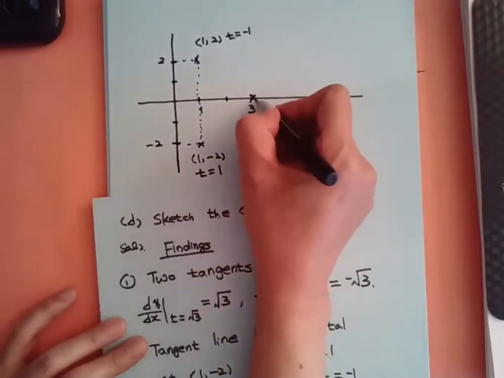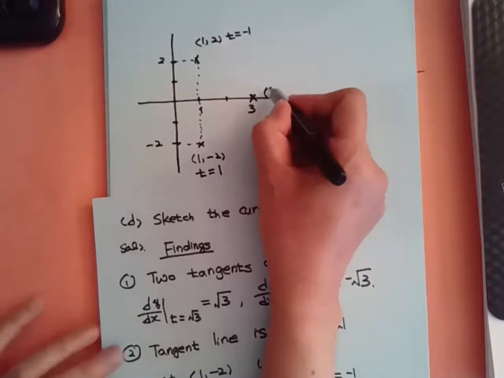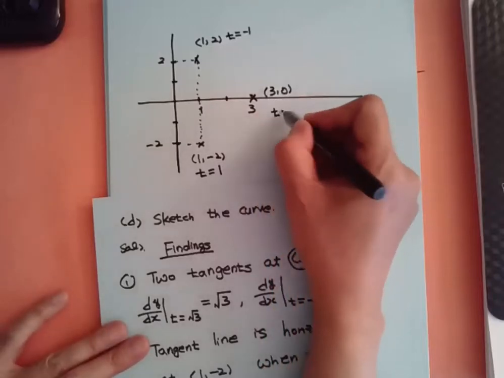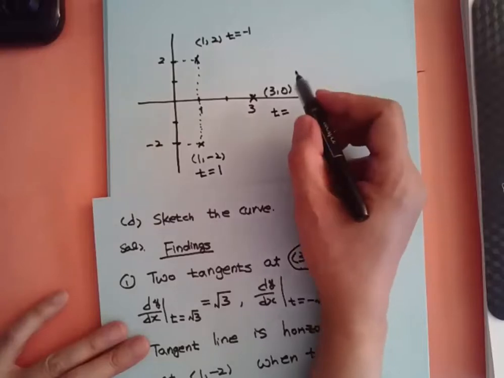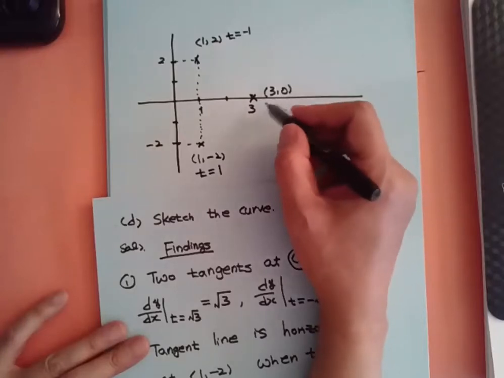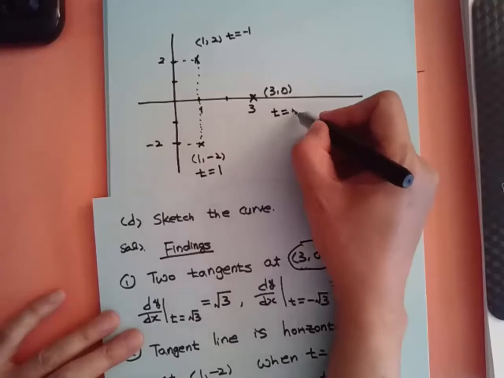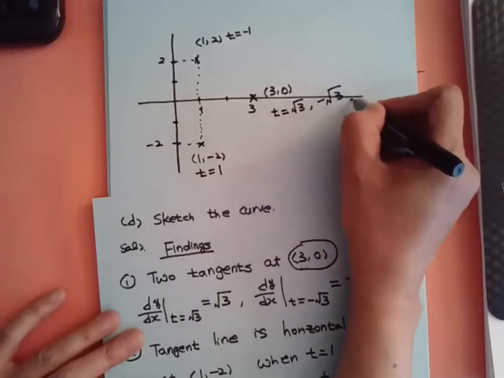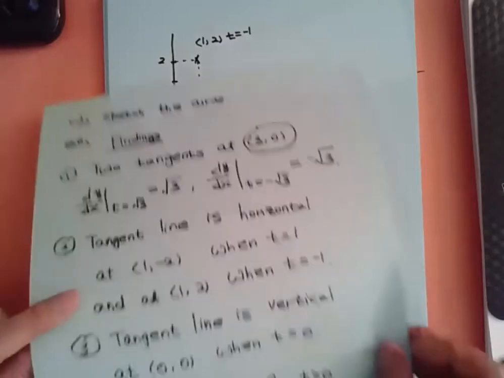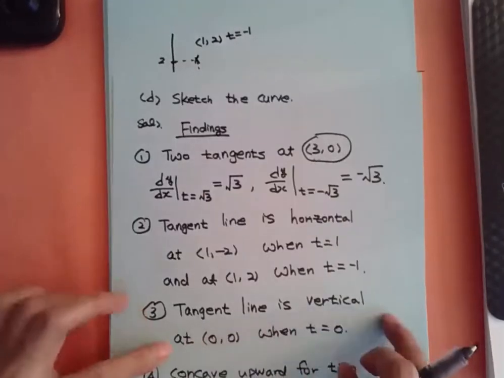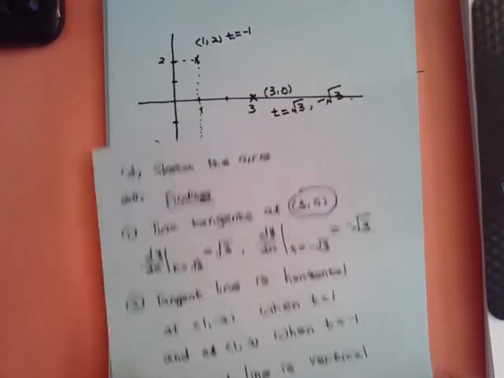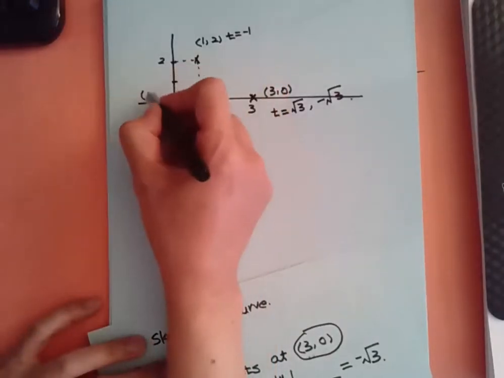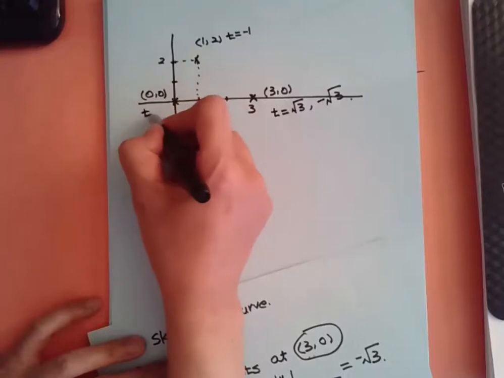At this point, (3, 0), there were 2 t values whose image becomes (3, 0). Those were t equals square root of 3 or minus square root of 3. And the tangent line is vertical at (0, 0) when t equals 0. So it passes here, (0, 0), when t equals 0.